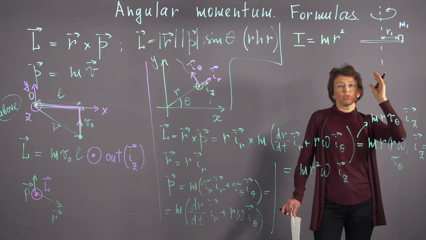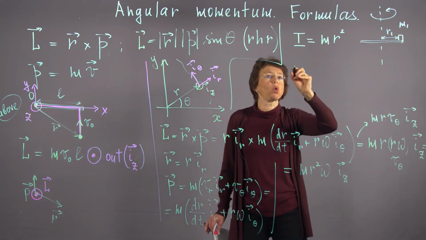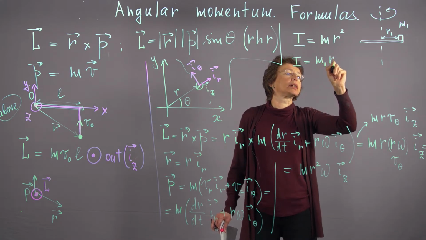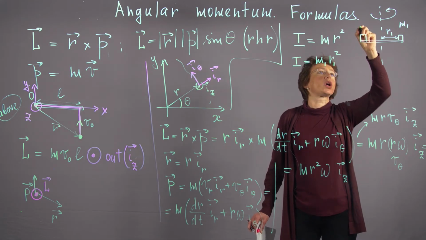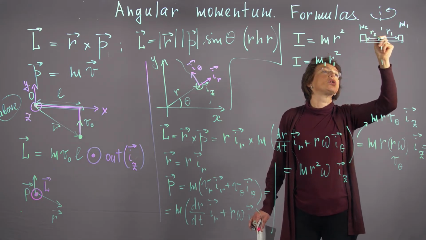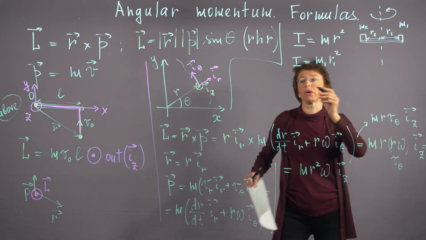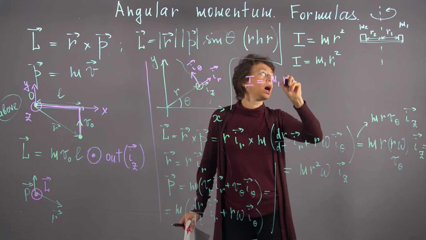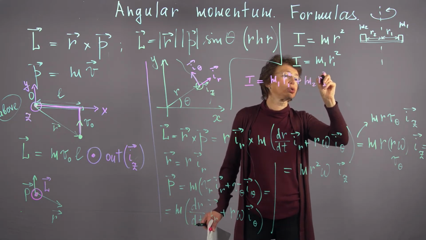What is the moment of inertia of this point mass M1? It is M1 times the distance from the axis of rotation squared. If I add another block here, M2, at distance R2 from the axis of rotation, then the moment of inertia of the system, I, will be M1 R1 squared plus M2 R2 squared.